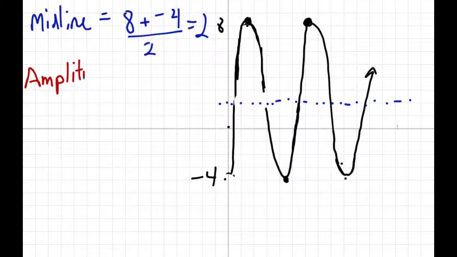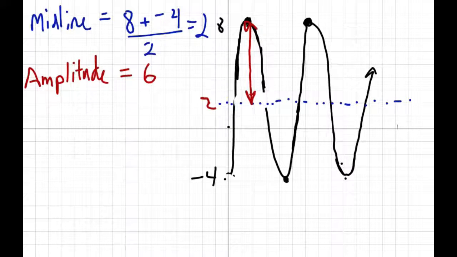For amplitude, same thing, you can use common sense. It's the distance from the midline to the peak. In this case, from 2 up to 8 is 6, or you can measure from the midline to the bottom, which is also 6.